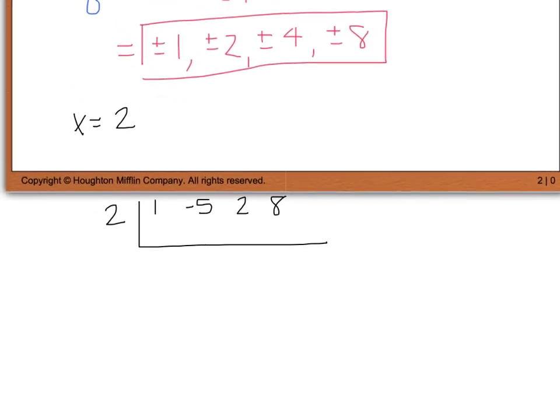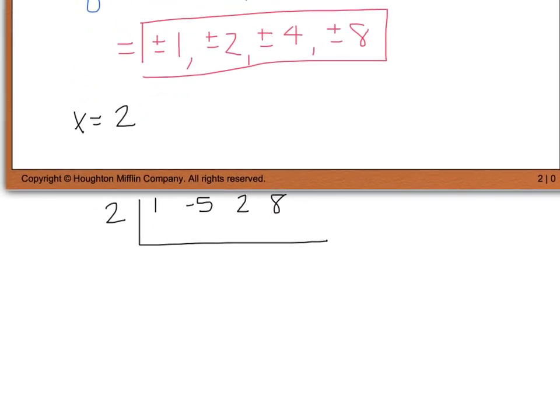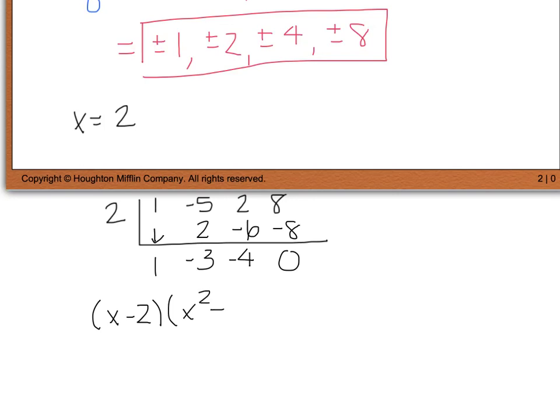And I'm going to bring down my 1. This gives me 2, -3, -6, -4, -8, and 0.